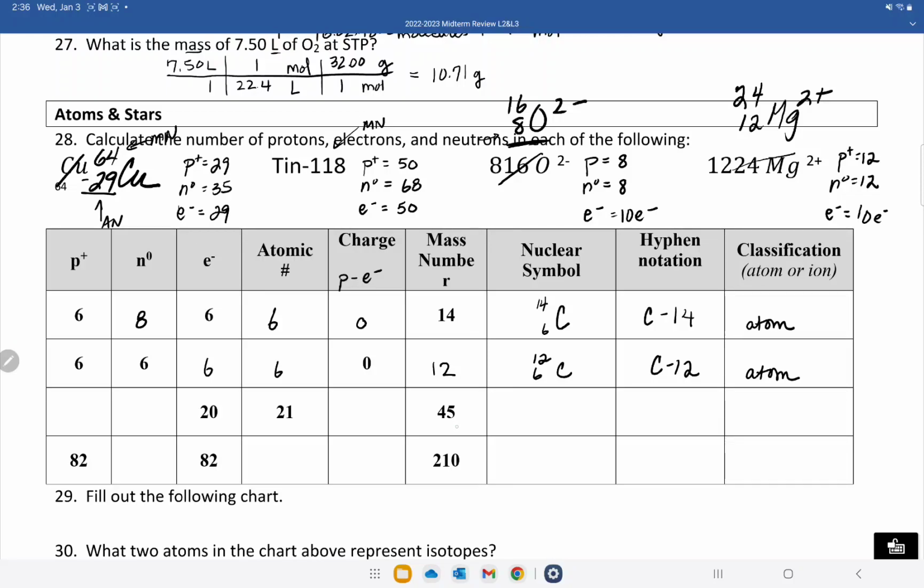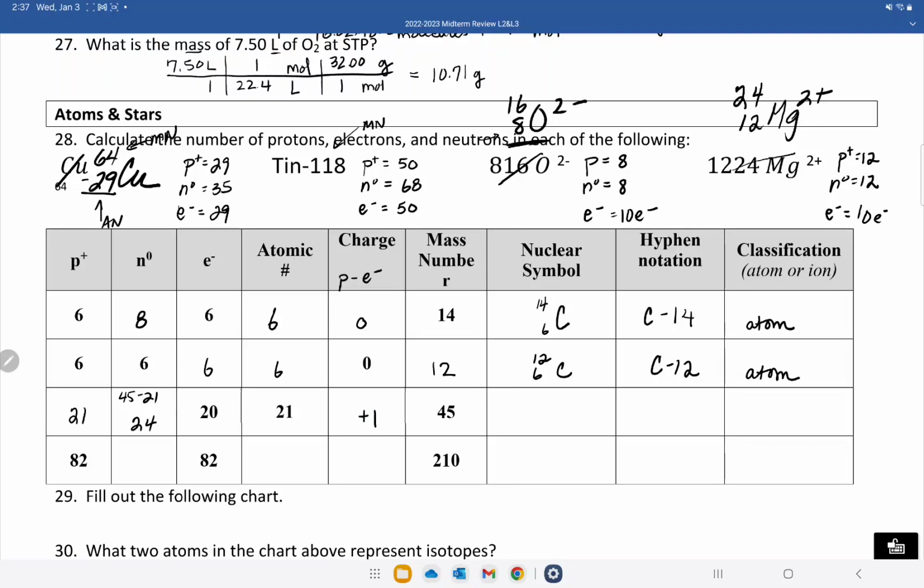Okay, mass number 45, 20 electrons, atomic number 21. Well, the atomic number 21 tells us it has 21 protons. If it has 21 protons, the neutrons are going to be 45 minus 21, which is 24. The charge is protons minus electrons. Well, 21 minus 20 is +1.